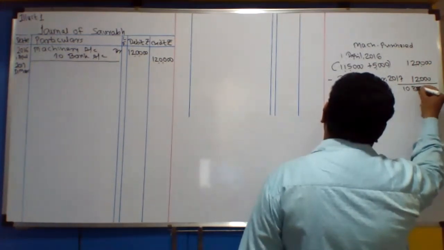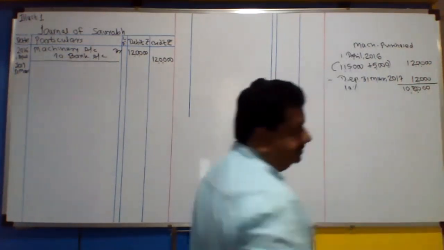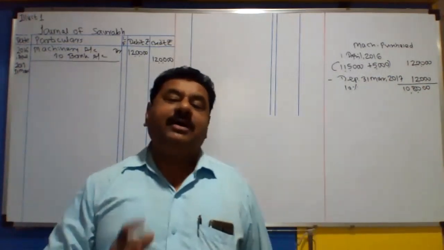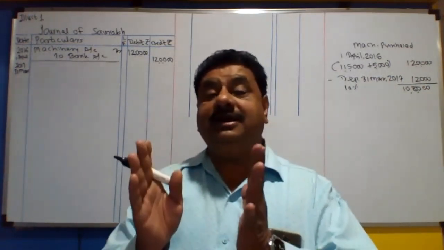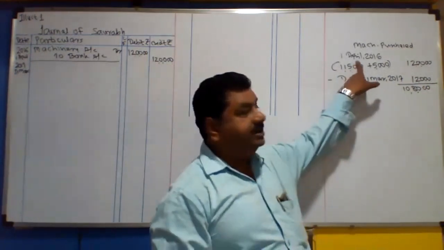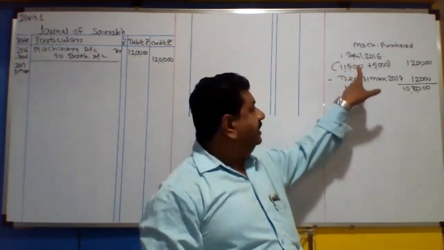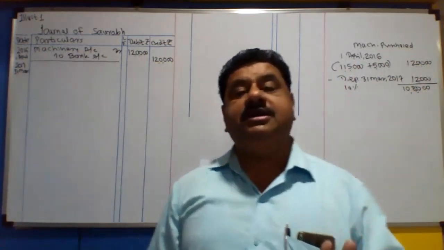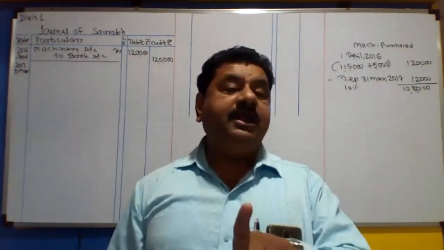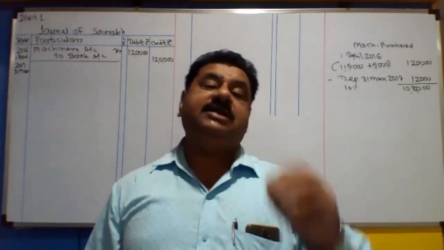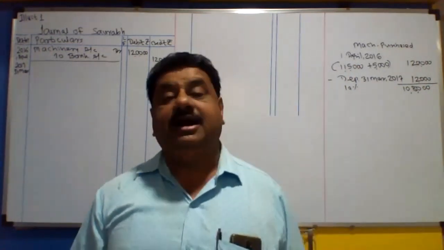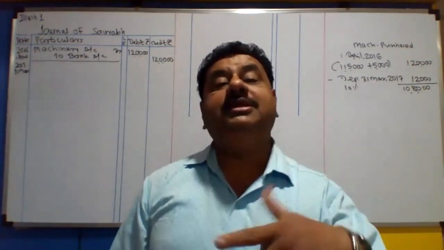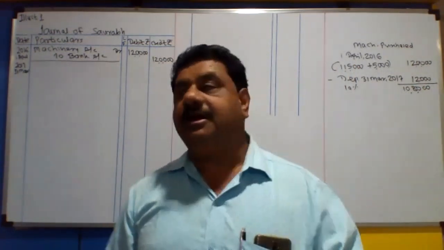Why full year? Because the machinery was purchased on 1st April and our year ending is 31st March. You charge depreciation at every year ending, and also if the asset is sold during the year, as in the present case.